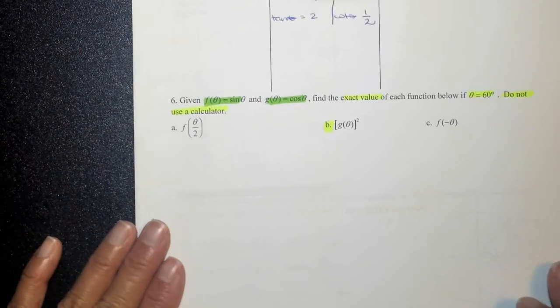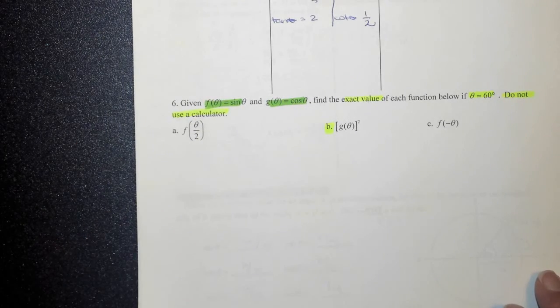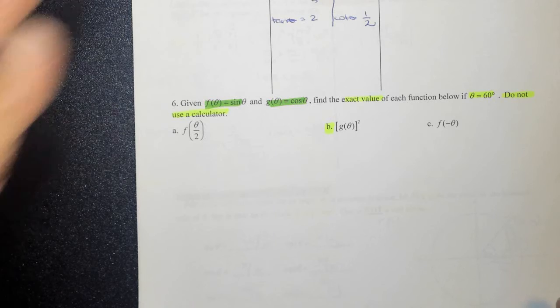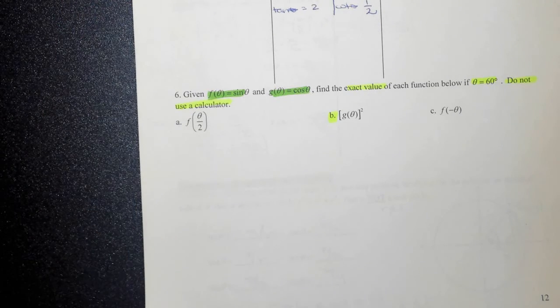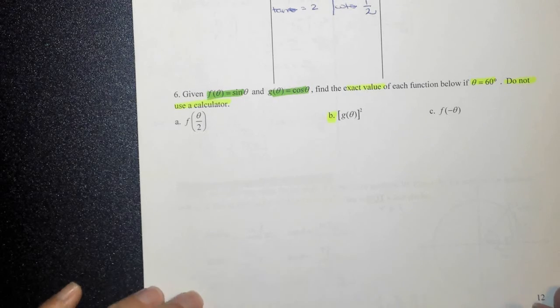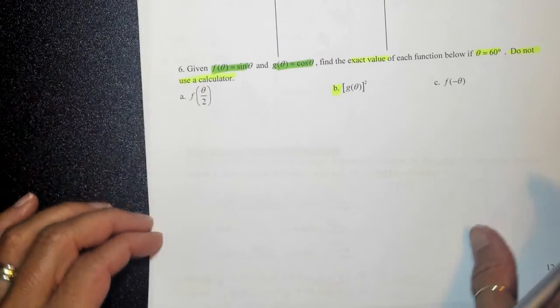Last piece. Sometimes you will be given an angle, oftentimes a special angle, or it might not be a special angle from the unit circle, but once you evaluate, it will become a special angle, and you will be looking for exact values, meaning we want you to find something on the unit circle.